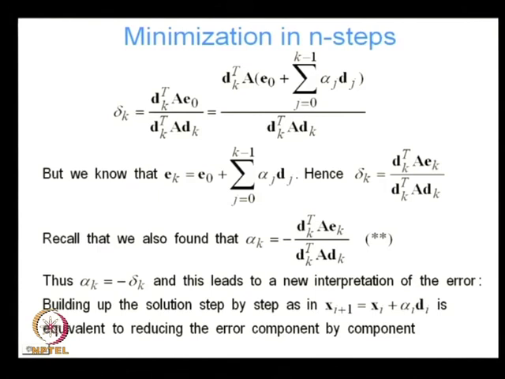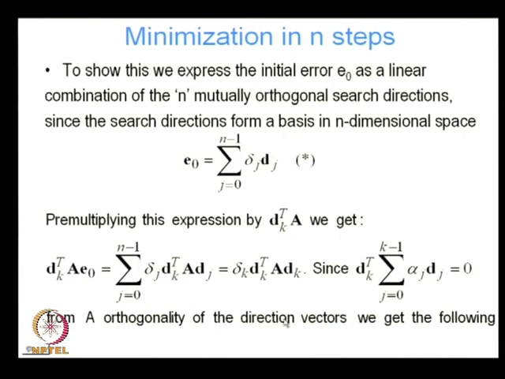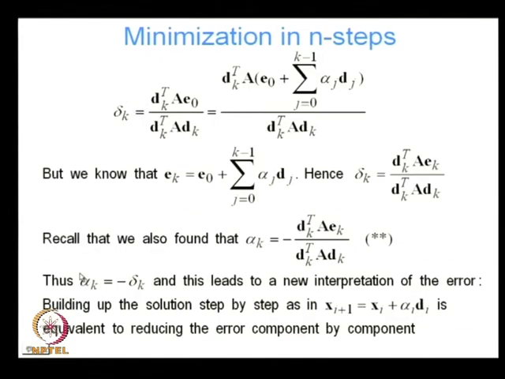So, what do we have? We can write these coefficients delta k as the quotient of dk transpose A E0 and dk transpose A dk. Then I look at the numerator, dk transpose A, and I do a little trick. Instead of E0 here, I write E0 plus the sum over j equal to 0 to k minus 1 of alpha j dj.